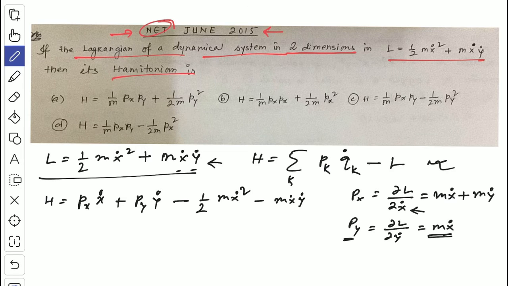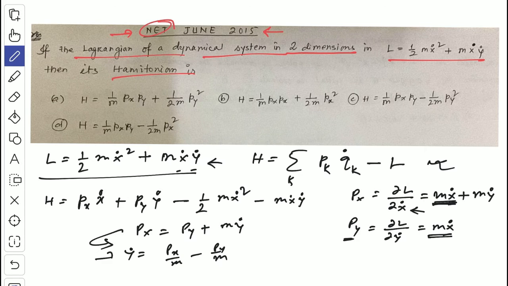So m x dot is equal to p_y, so you can replace this m x dot by p_y, then you will get p_x is equal to p_y plus m y dot. So from here you can write y dot is equal to p_x by m minus p_y by m.